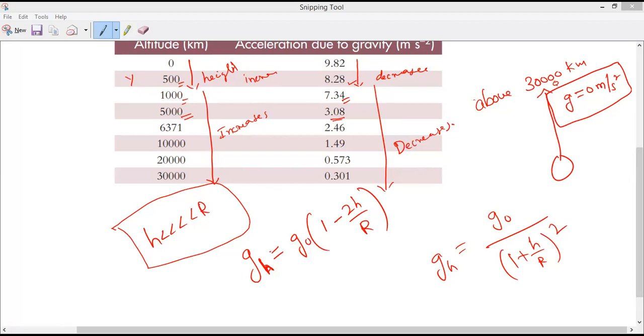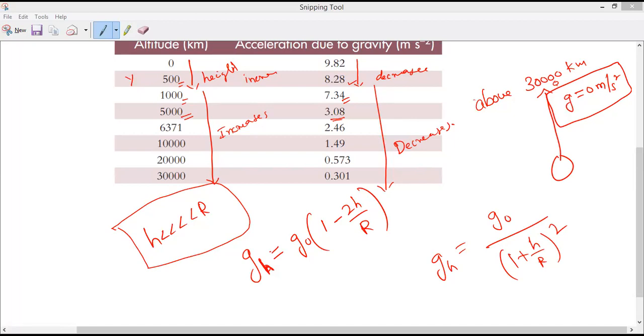So observe very carefully. We are considering Earth to be a sphere of uniform density, then the mass of Earth is equal to what? What is the formula for any spherical object?